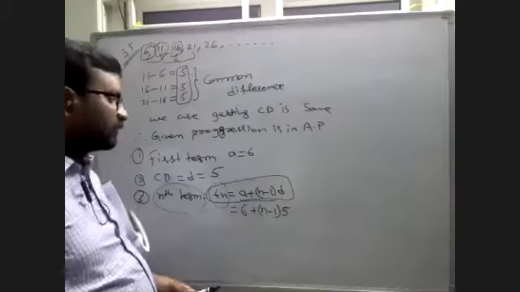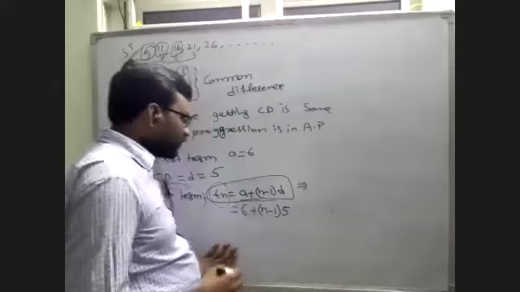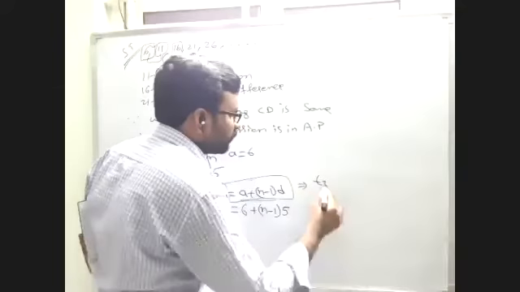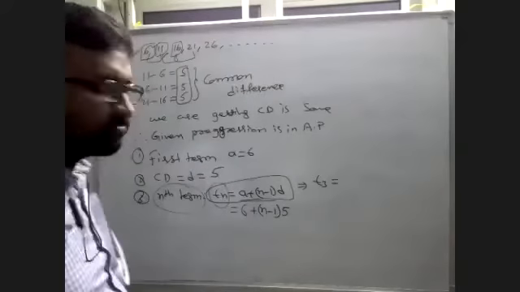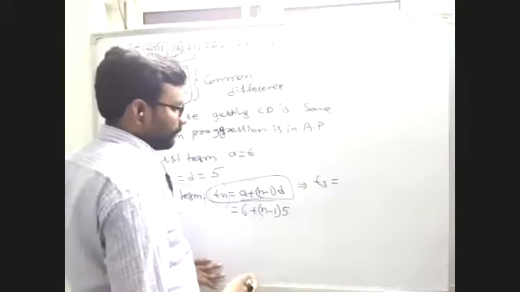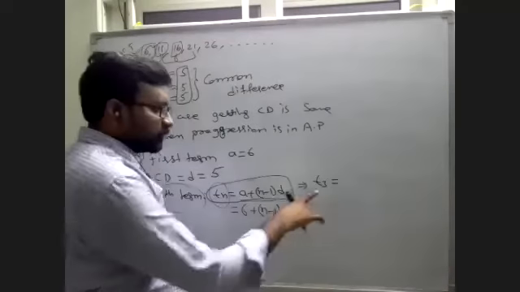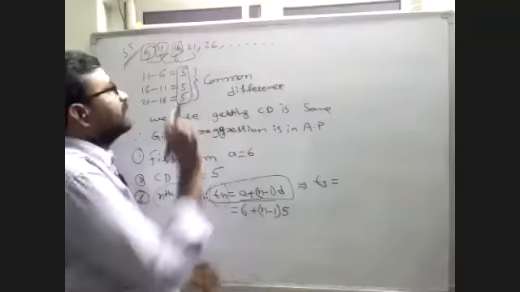Can you tell me from this what is T3, the third term formula? Just in place of n, you have to use 3. No need to use a and d.